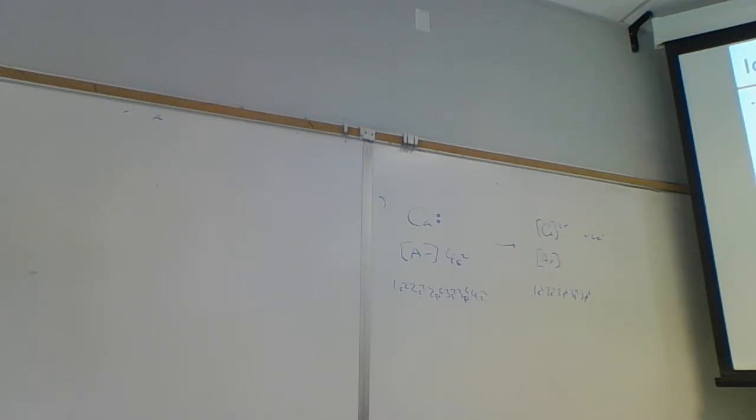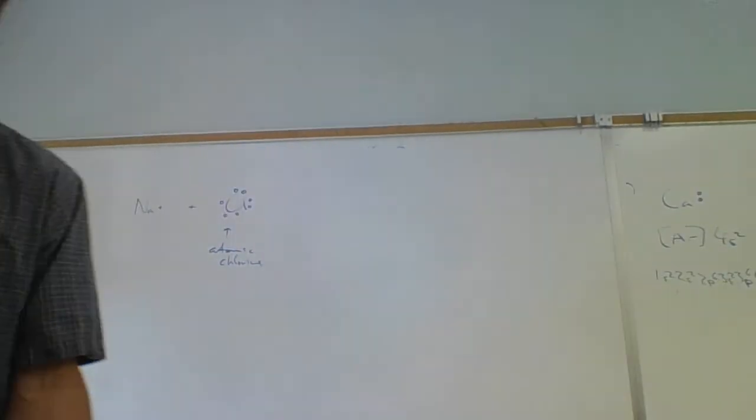And chlorine, how many valence electrons does chlorine have? 7. This is atomic chlorine, by the way. Chlorine's usually molecular, but for the purpose of this, it's easier just to look at it atomically.